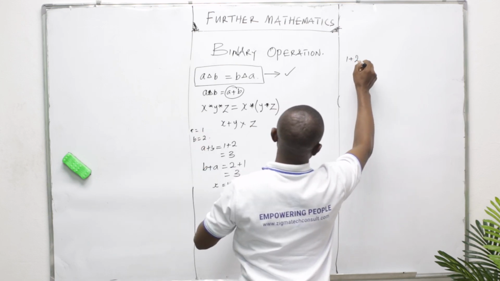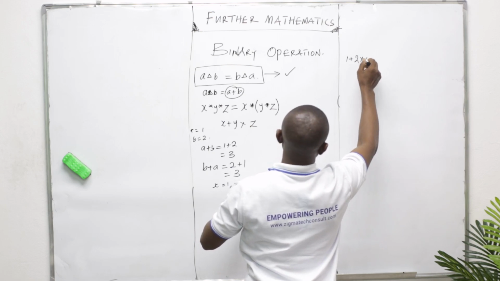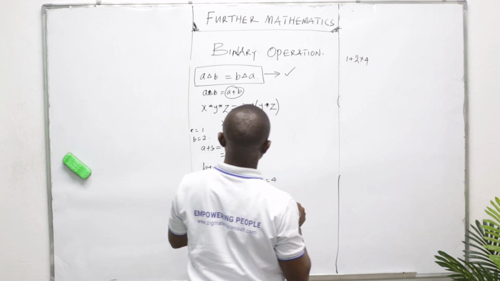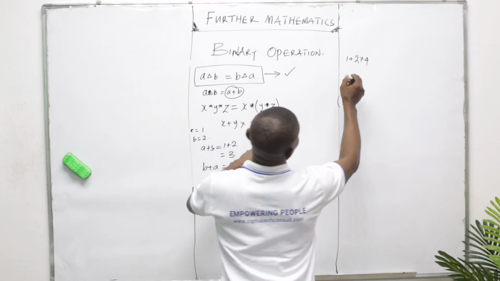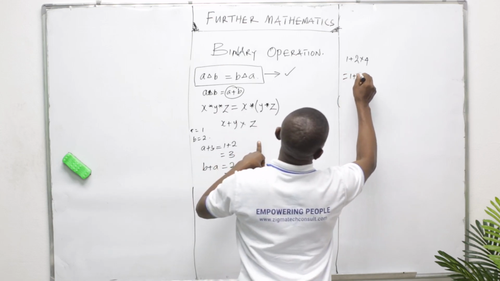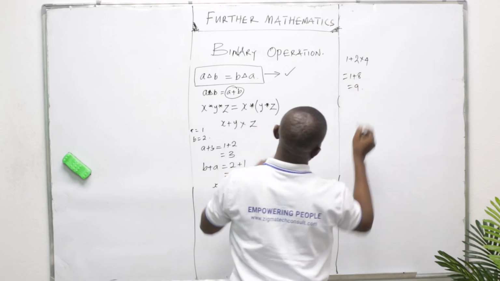Y is 2. Then multiply by 4. This will give us 1 plus 8, which is 9.